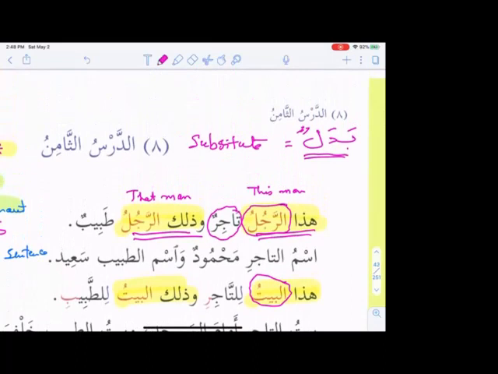And in Arabic, we say it is a badal. It is a substitute. That's all.